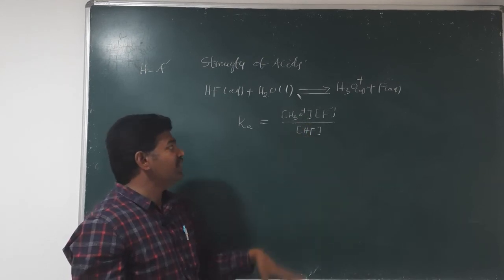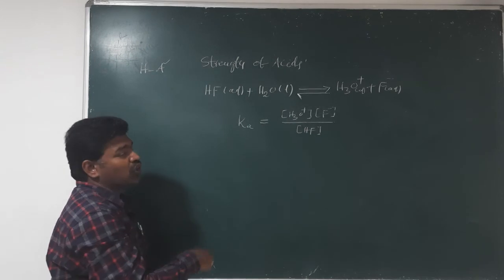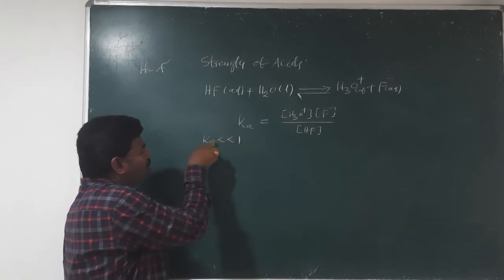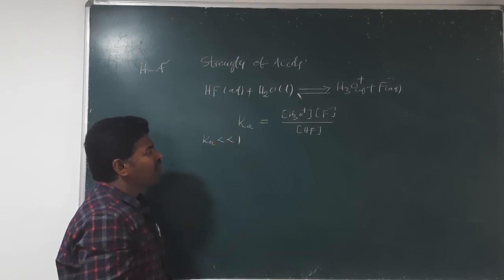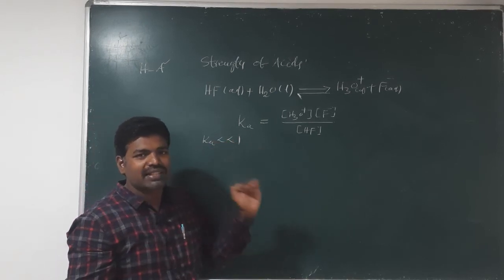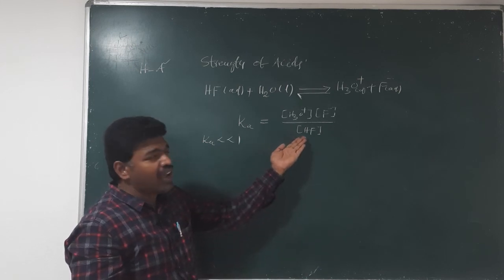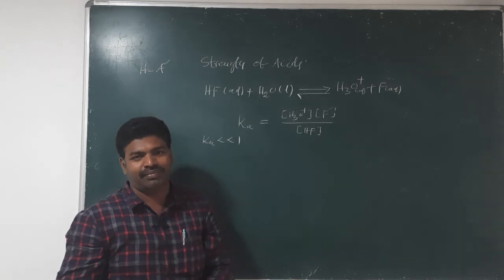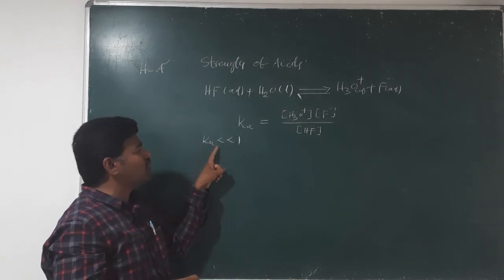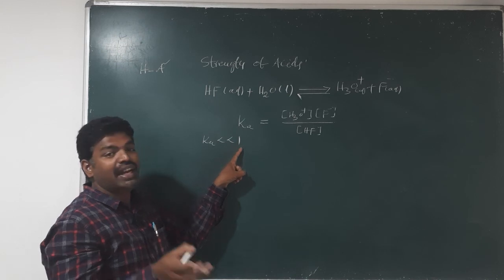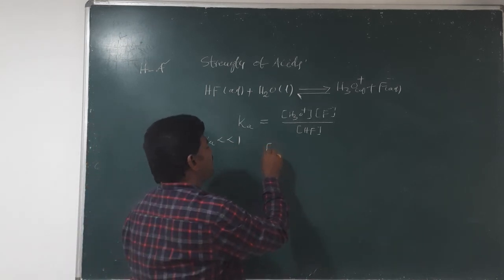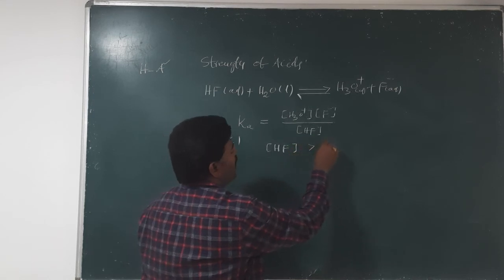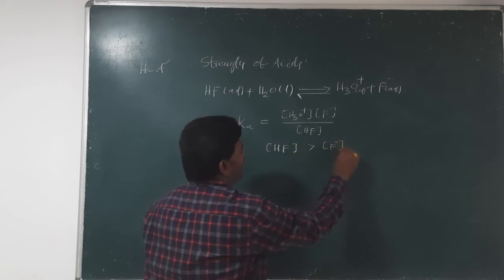If Ka comes out to be less than 1, when the denominator value is more, it means that the concentration of HF is larger than the concentration of F minus.